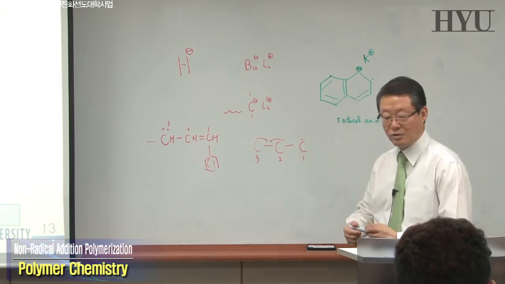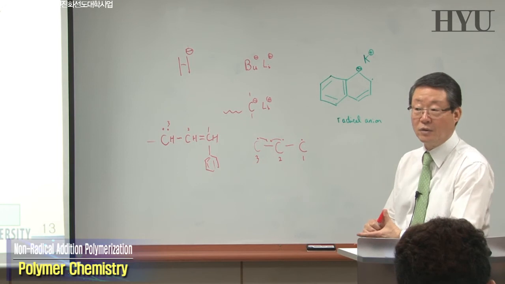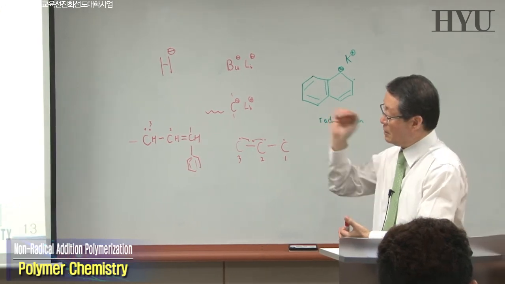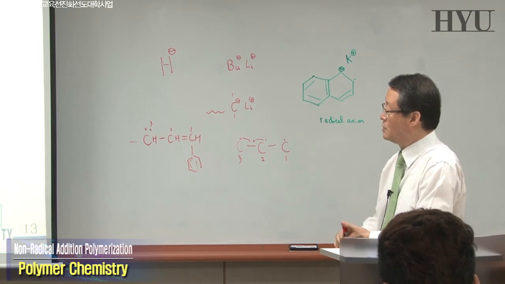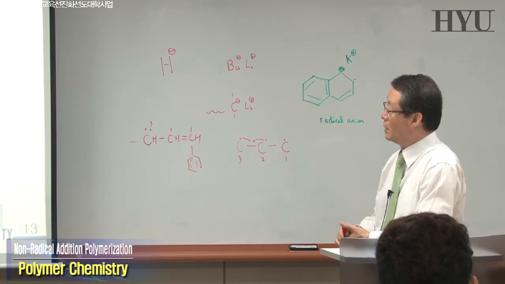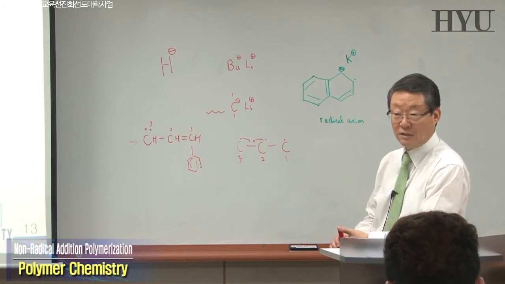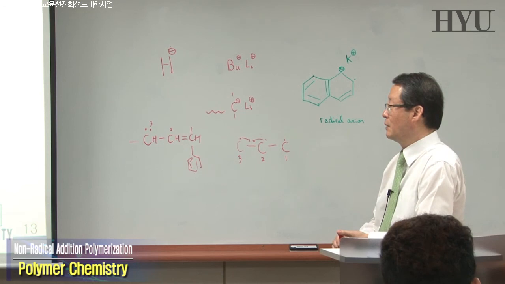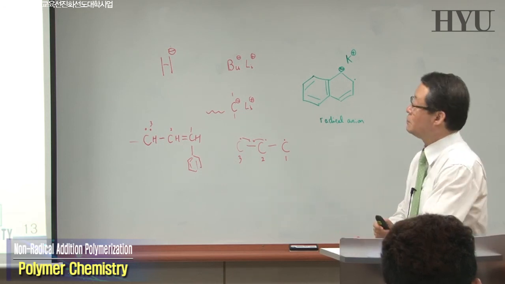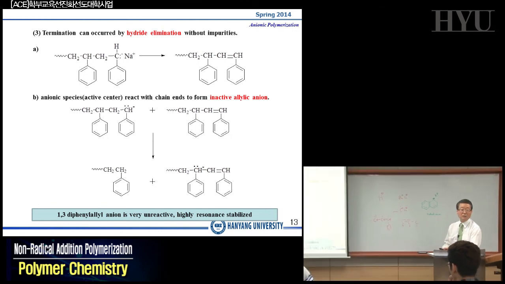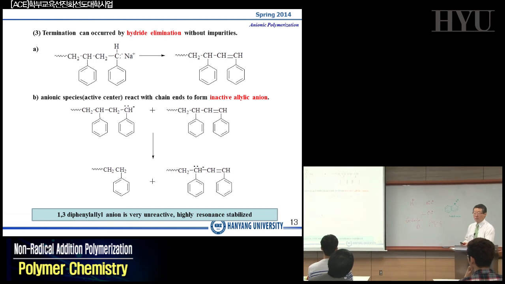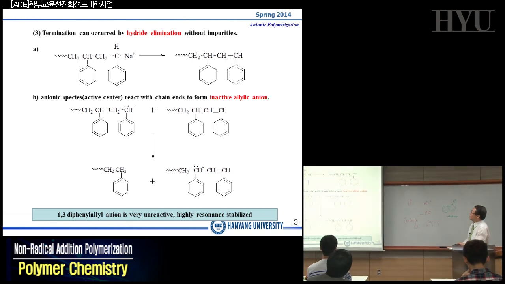Because of the resonance stabilization of this allylic anion, instead of attacking the monomer, it just stays as the allylic anion. Therefore, the allylic anion is known to be very inactive, very unreactive. Okay? In this way, if you form this allylic anion, this is regarded as a terminated component.